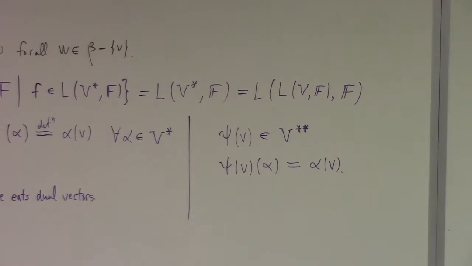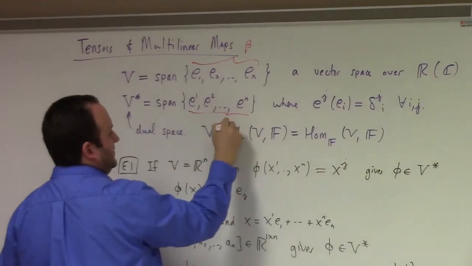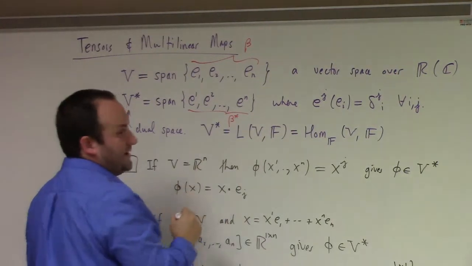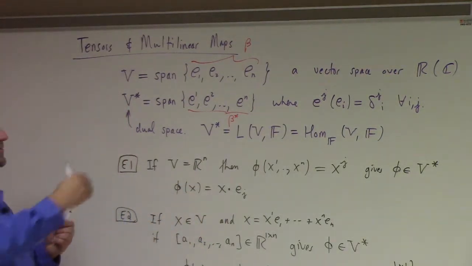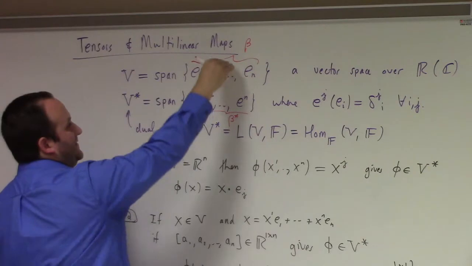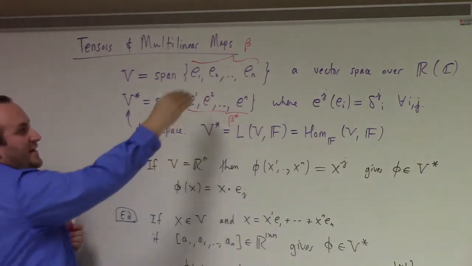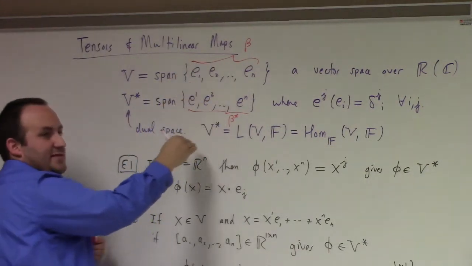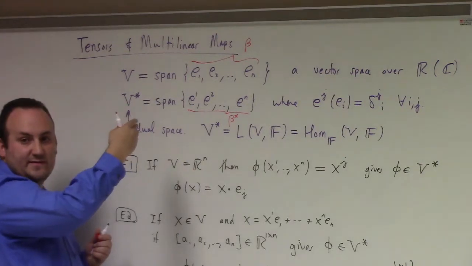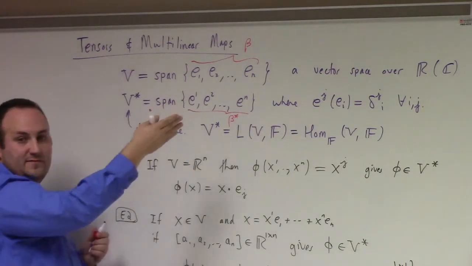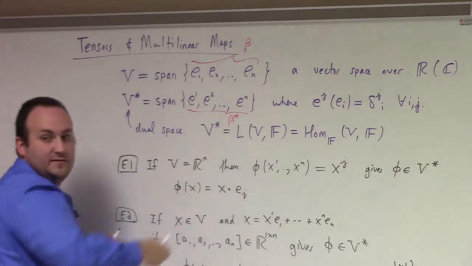So I'm calling this beta, and I'm calling this the dual basis, beta dual. And so the isomorphism basically is given by: pick a basis, here's the dual basis, you prove that they're both bases, and then you count. Dimension is n, dimension is n. They're isomorphic.